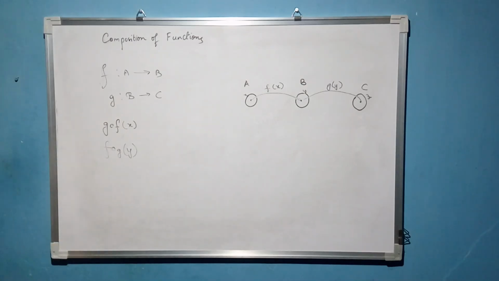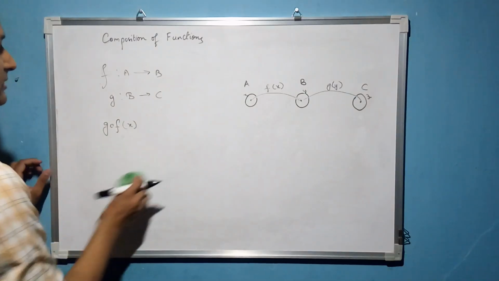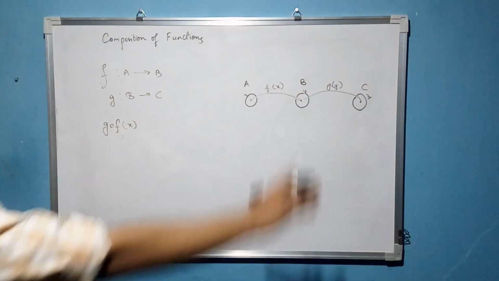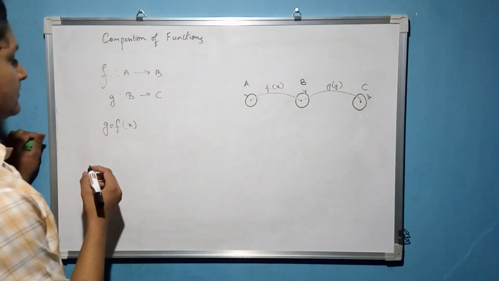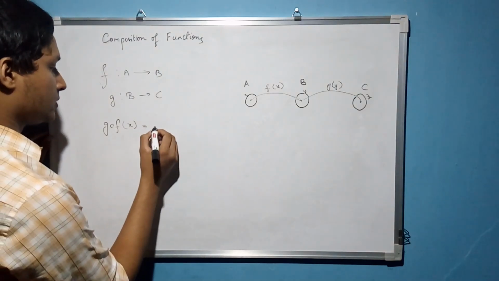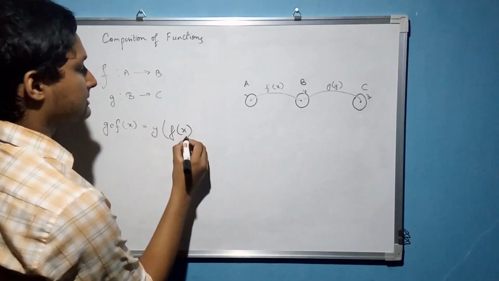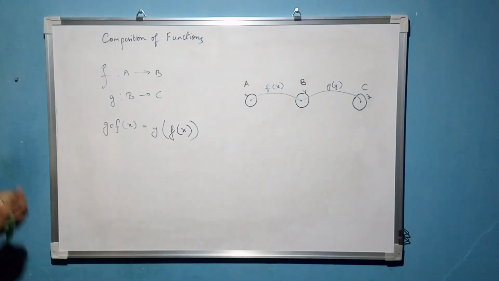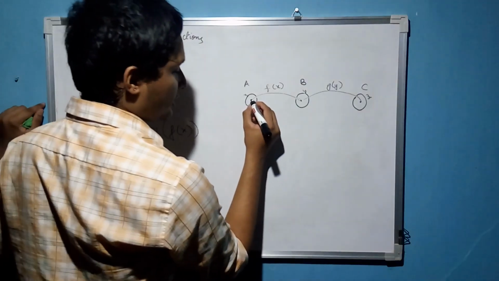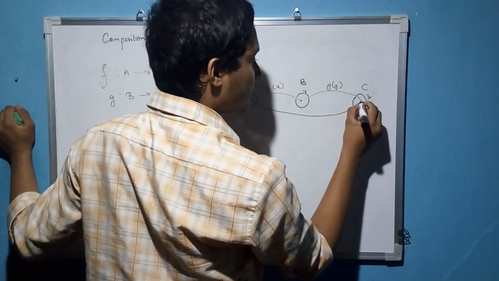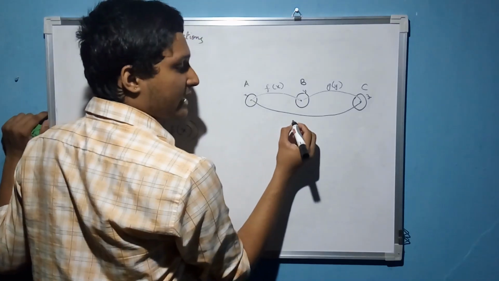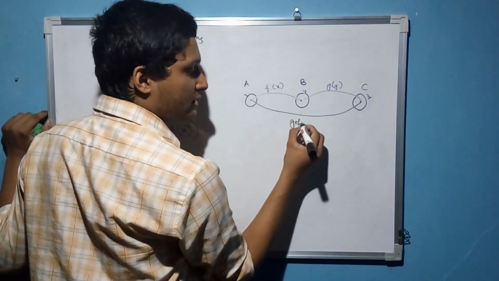Let me take only this one, which makes it easy to see based on this diagram. This is equal to g of f of x, or I can just say there is some function like this that directly travels to this, and I will name that function g dot f of x.